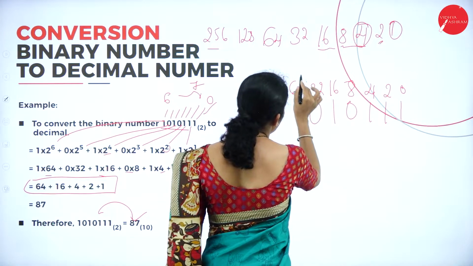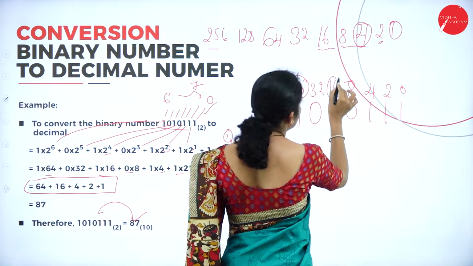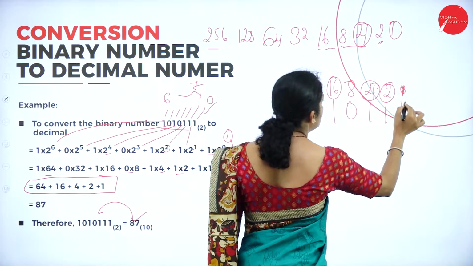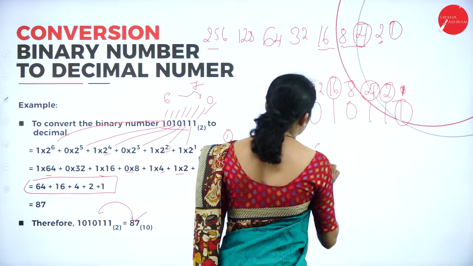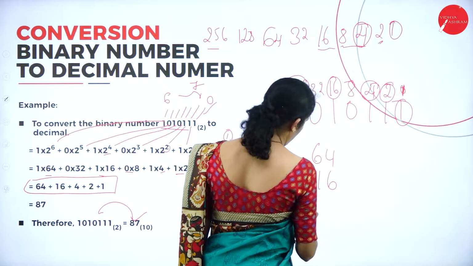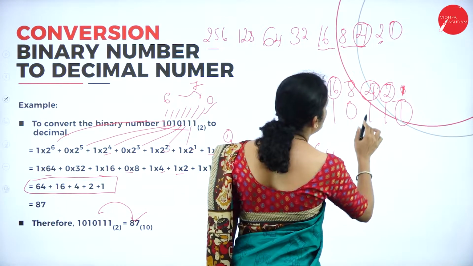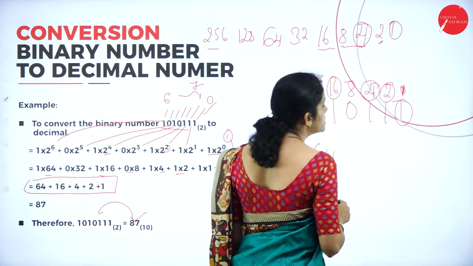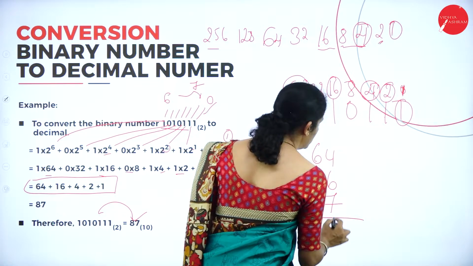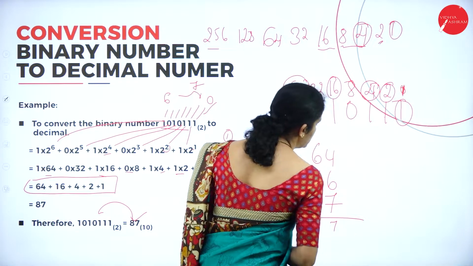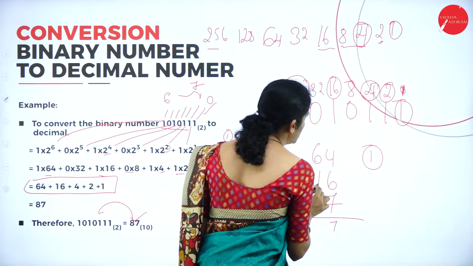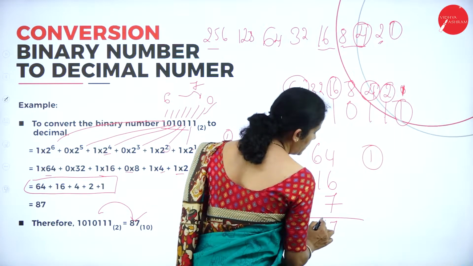Now I want to consider 64, 16, 4, 2. So here 64 plus 16, then 4 plus 2 is 6, 6 plus 1 is 7. 10 plus 7 is 17, 1 carry. 6 plus 1 is 7, 7 plus 1 is 8.